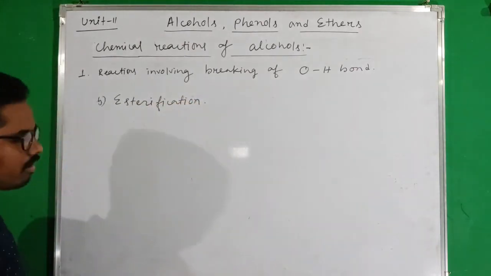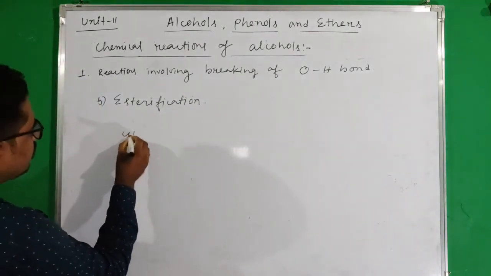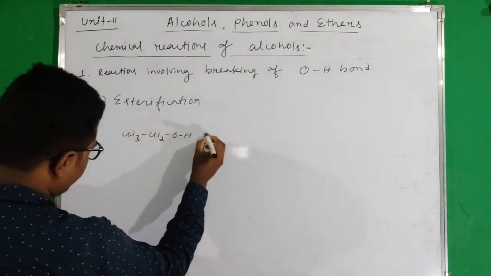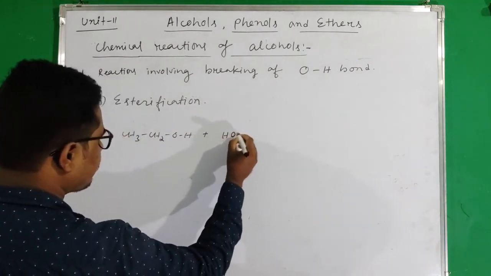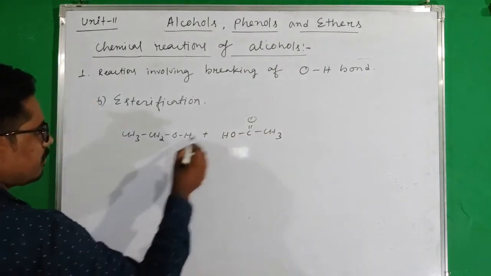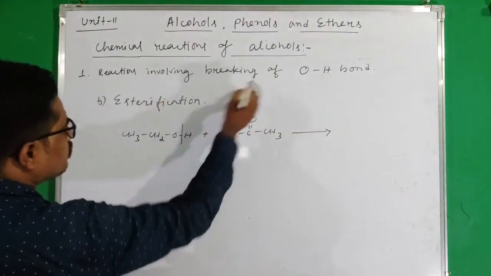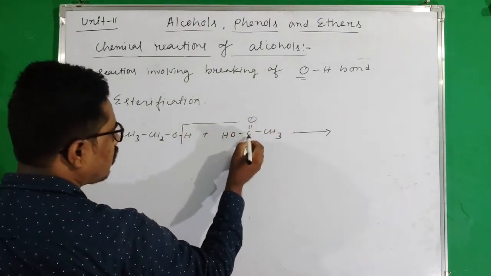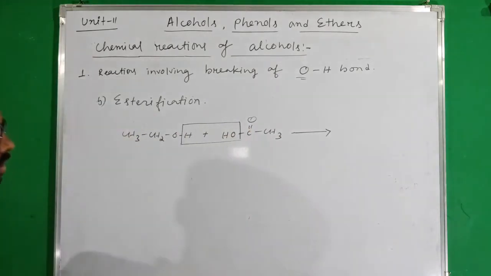So you already know from class 10 that when alcohols react with, suppose we are considering this alcohol, react with carboxylic acid, this one is carboxylic acid. Okay, then the oxygen hydrogen bond will break in the alcohol, and in case of carboxylic acid, the carbon oxygen bond will break.